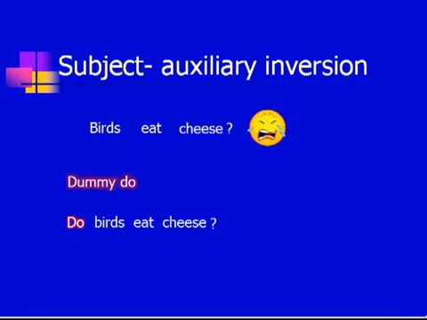And instead, to make a yes-no question from birds eat cheese, what you do is you use dummy do. So you stick in dummy do: do birds eat cheese? So that's one of the reasons why we've got dummy do, is to form yes-no questions, or even WH questions, when there is no auxiliary in the sentence.